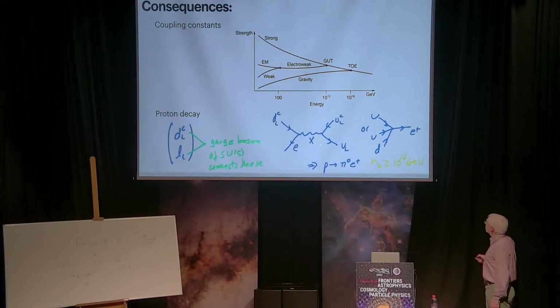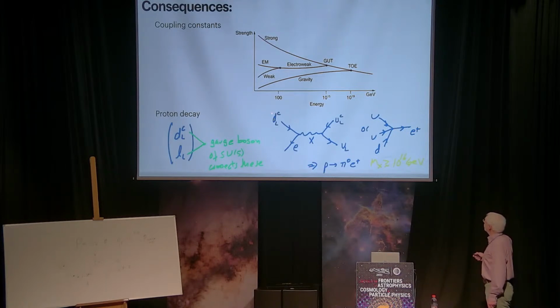These very heavy gauge bosons that I just mentioned have the property that they connect the upper part of this 5-plet to the lower part of this 5-plet. Those are the gauge bosons of SU5 that are not SU3 cross SU2 cross U1. So here's a diagram which has one of those connecting, for example, the 5-plet on one side and the 10-plet on the other, 10 meaning 10 components.